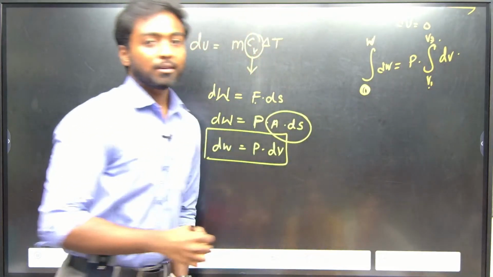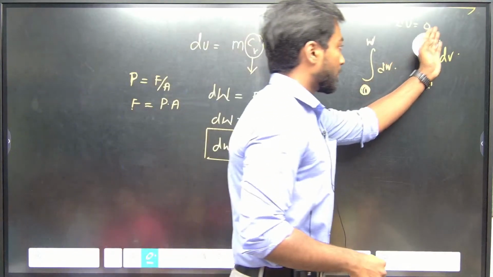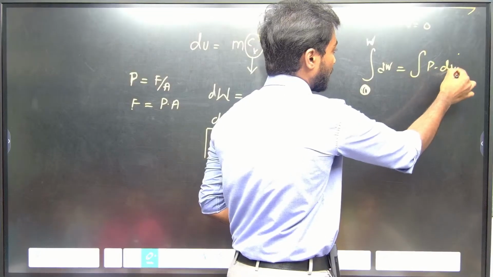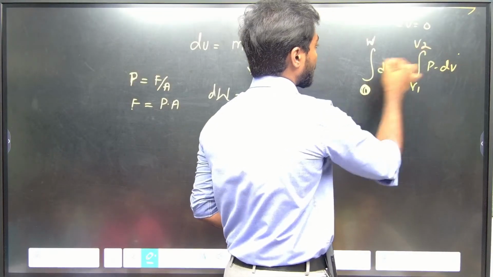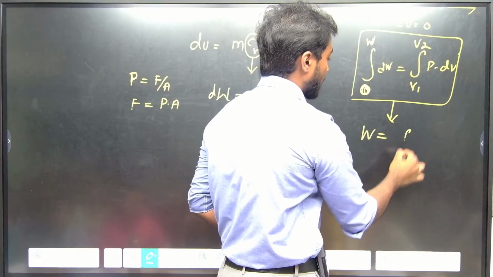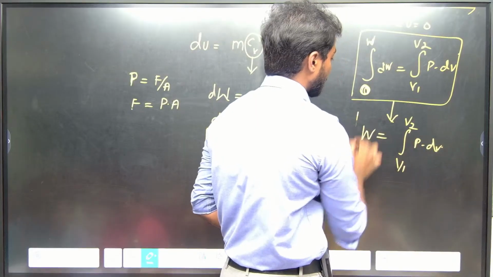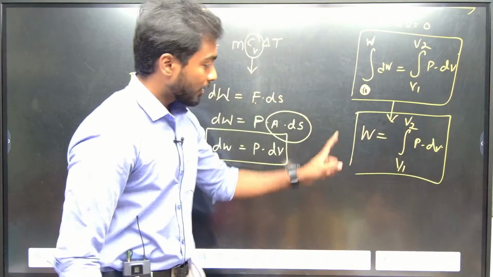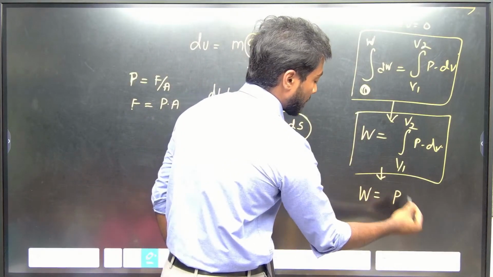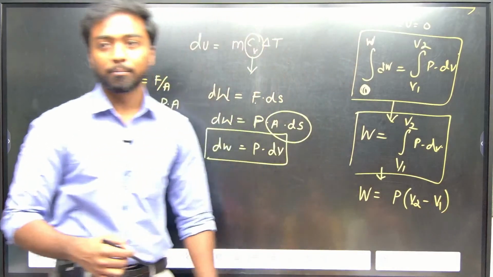So W is equal to the integral from V1 to V2 of P dV. Again I can expand this equation, which is nothing but W is equal to P times (V2 minus V1), the change in volume.